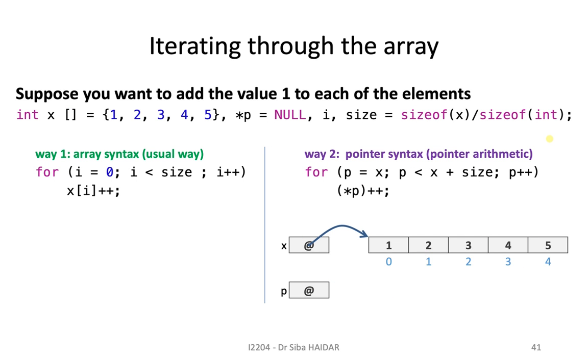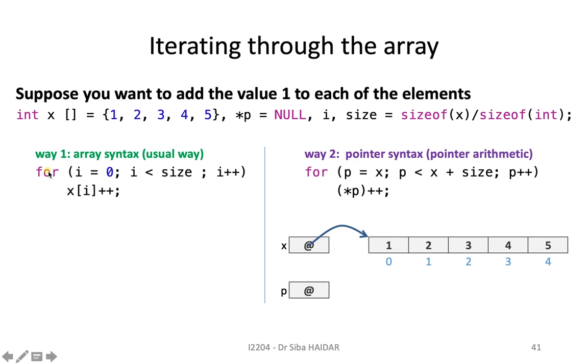So here come the nice things we can do with pointer syntax. Suppose you want to add the value 1 to each of the elements of the array. And suppose that this is your array: int x[] = {1, 2, 3, 4, 5}, int *p = NULL, int i, and int size, in which you put the size of the array x.